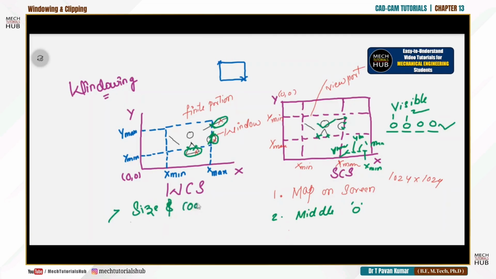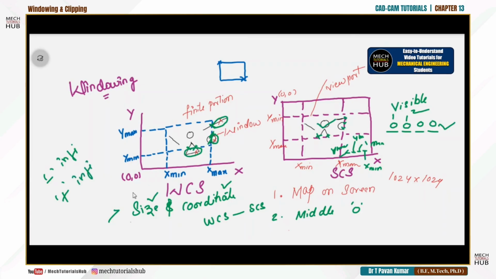The size and coordinates of that particular entity will change. From the world coordinate system to the screen coordinate system there is a slight variation in size and coordinates. Coordinates of the world coordinate system will range from minus infinity to plus infinity.